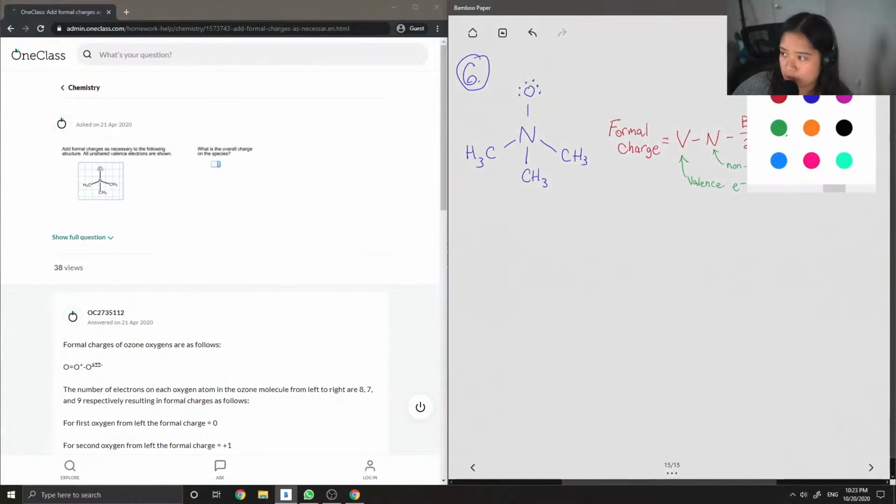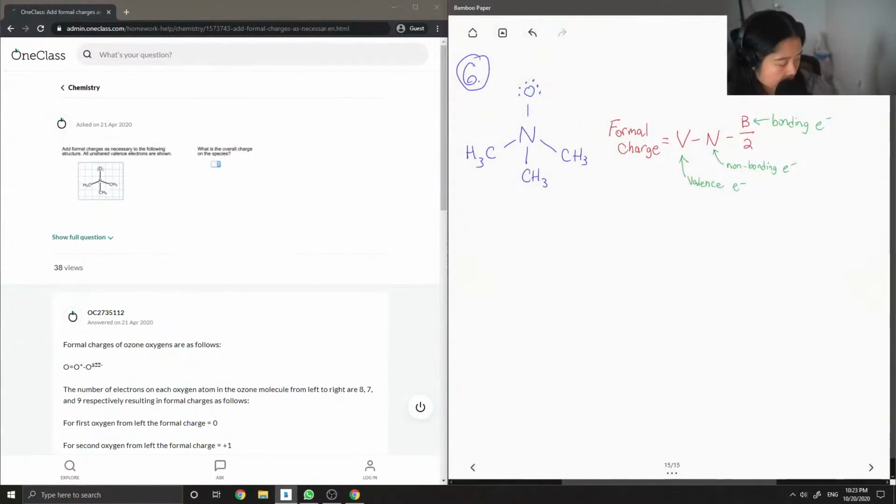And now we're going to do each atom one by one. So first let's look at oxygen. Okay, so its number of valence electrons is 6. The number of non-bonding electrons, so let's look at the lone pairs right here that aren't participating in the bonding.